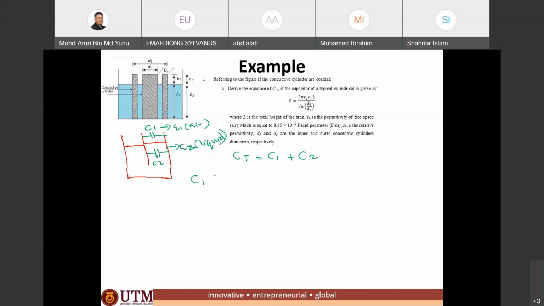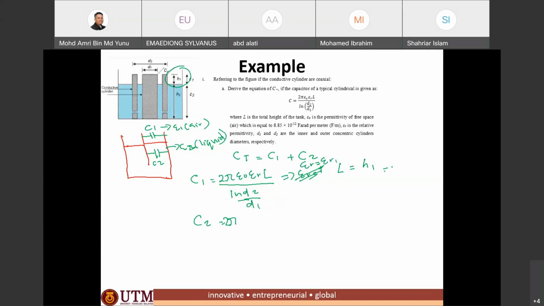The capacitance C1 uses this formula: 2 pi epsilon 0 epsilon R multiplied by L over ln D2 over D1, where epsilon R is equivalent to epsilon R1, and L is H1.